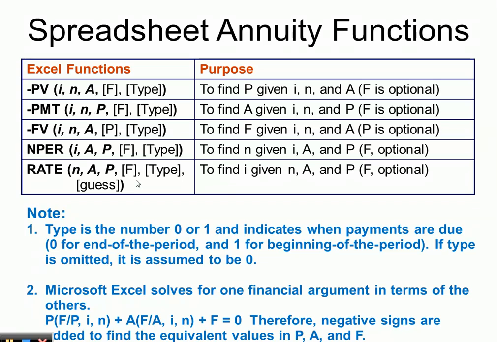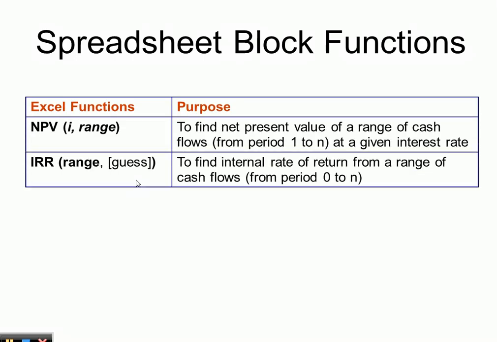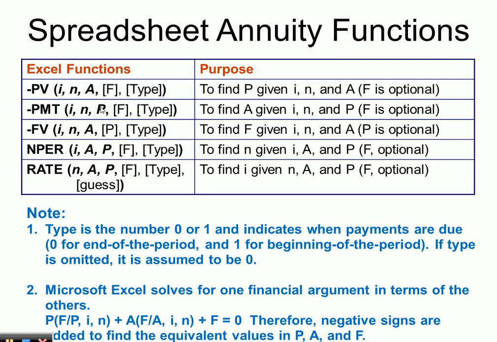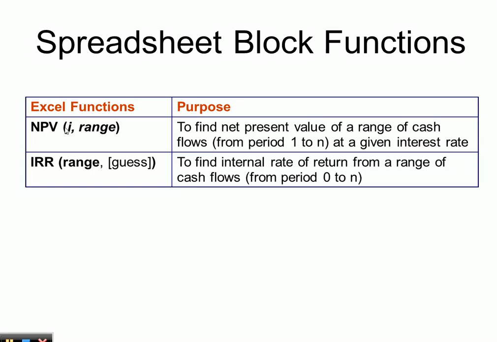All right, so that's pretty much what I wanted to talk about, except two additional functions that we also have, and these are known as block functions. The block functions are called that because they're using a range of values. Before, we only had a single value, but the block functions allow you to use a whole range.